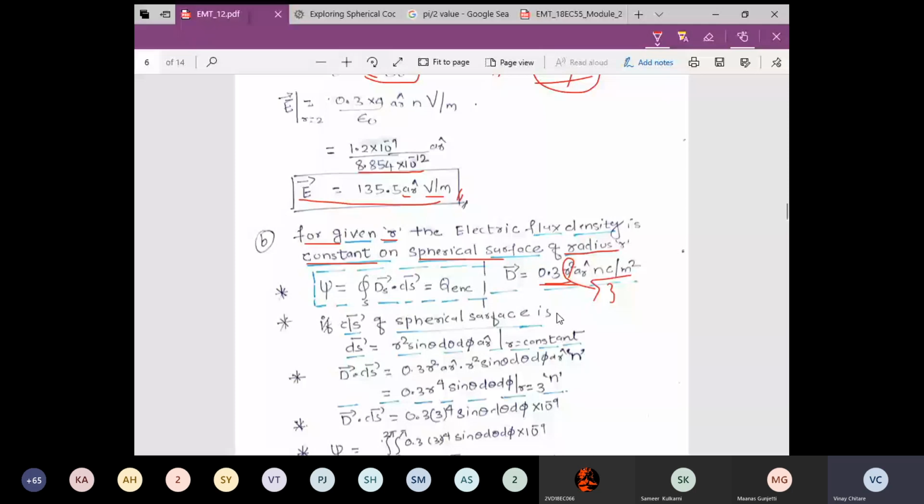And you could see that even this dot product will simply become a scalar product of D and dS. Later we can take this constant outside and just integrate the surface. That's really an advantage whenever the flux density becomes a constant.